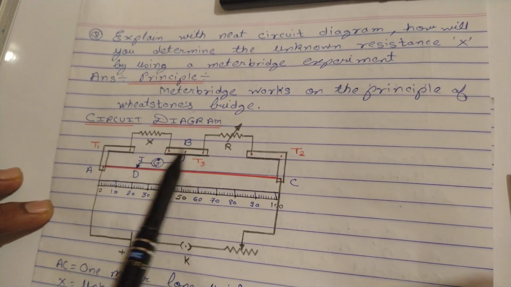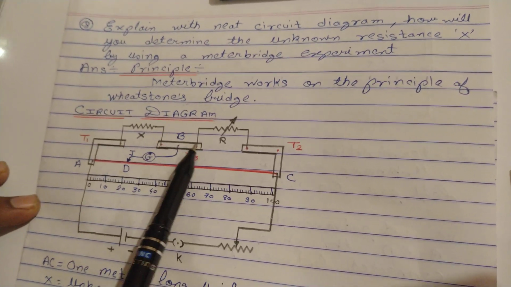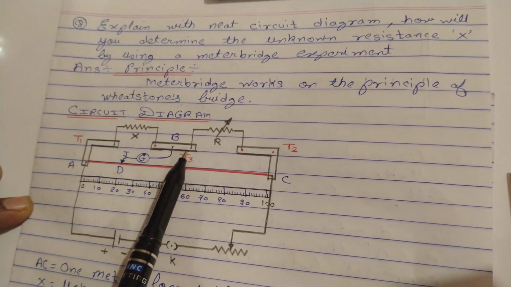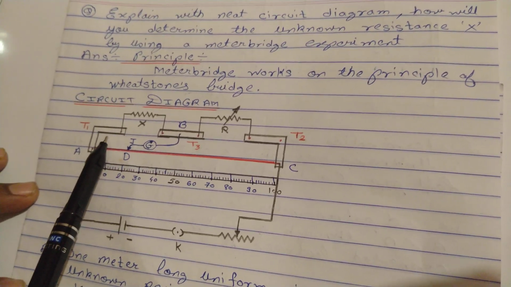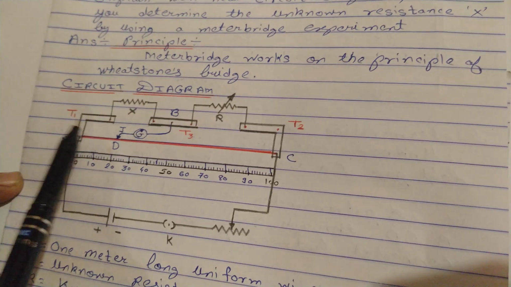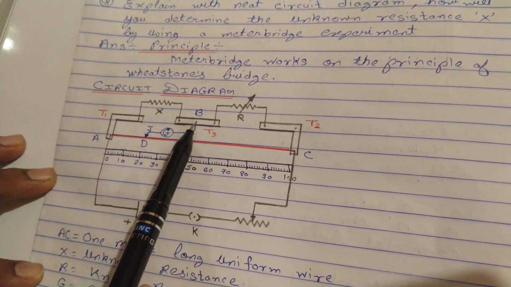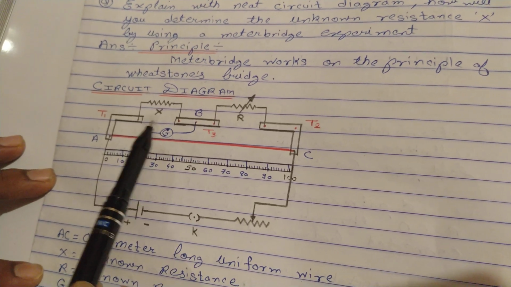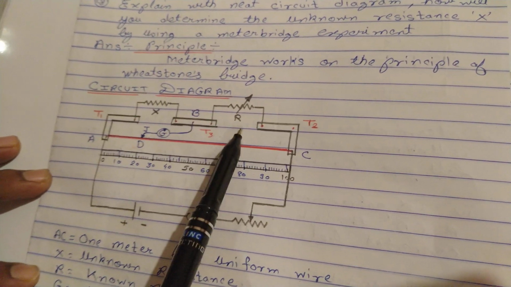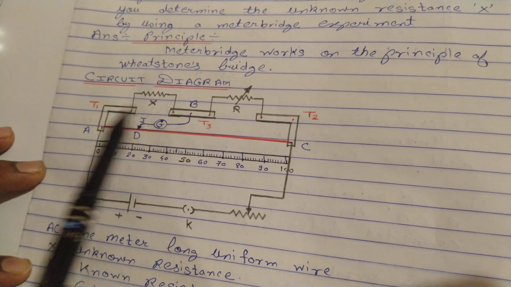One more strip we observe here, which is a straight strip. We arrange two L-shaped copper strips and a straight copper strip in such a way that there are two gaps.